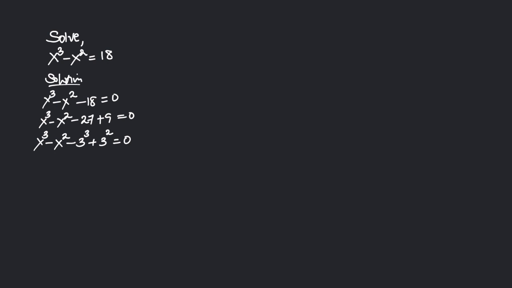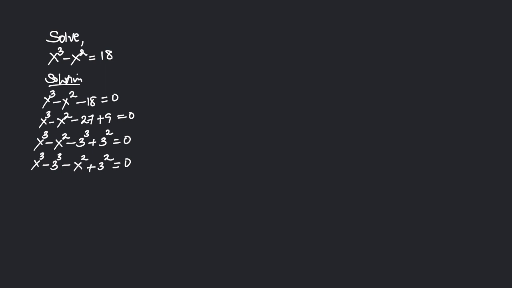We can now at this point rearrange this equation as x to the power of 3 minus 3 to the power of 3 minus x to the power of 2 plus 3 to the power of 2 being equal to 0.